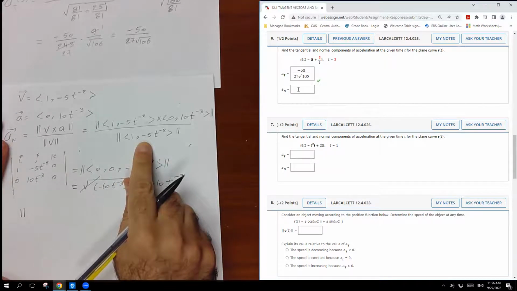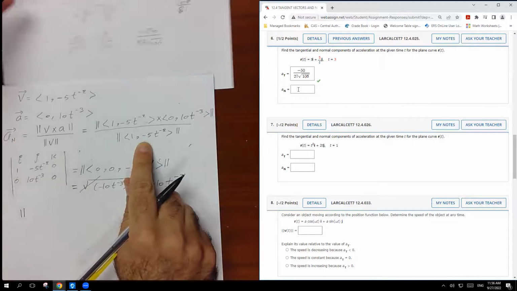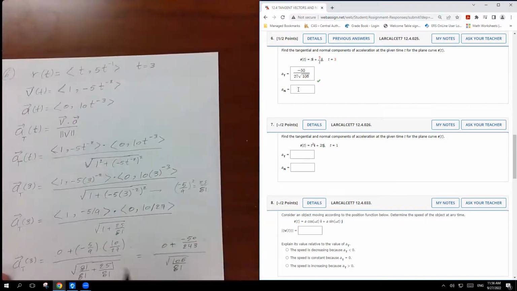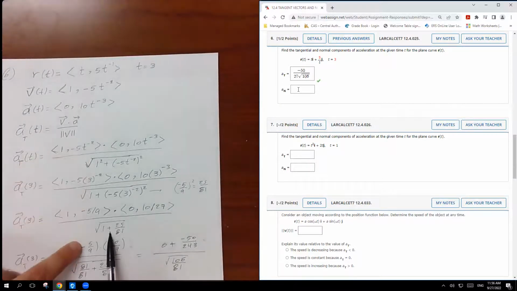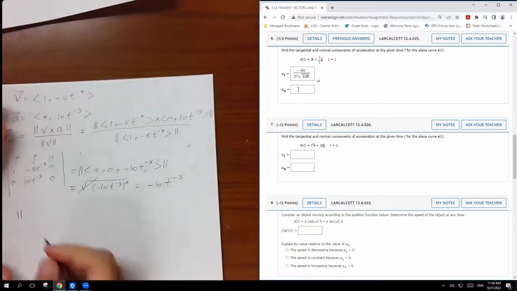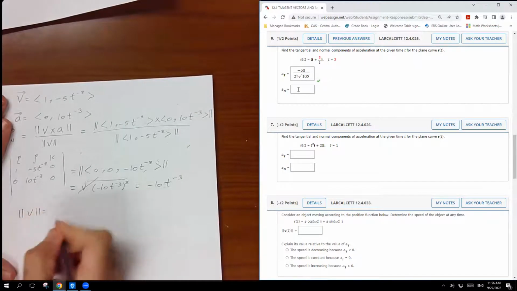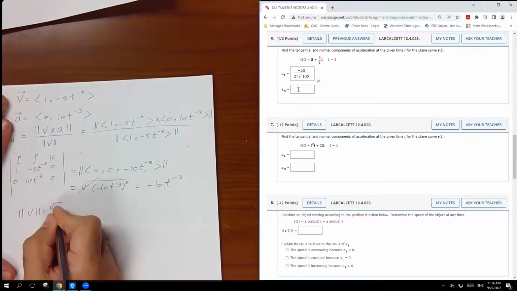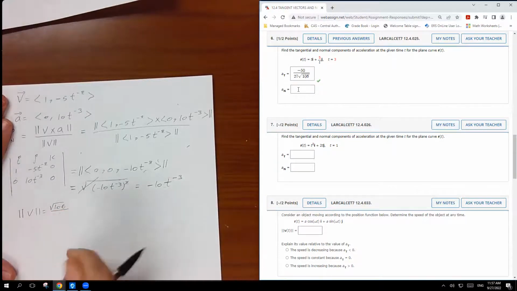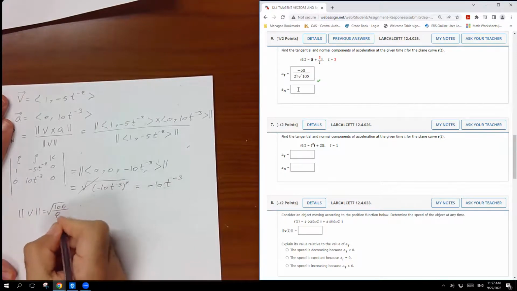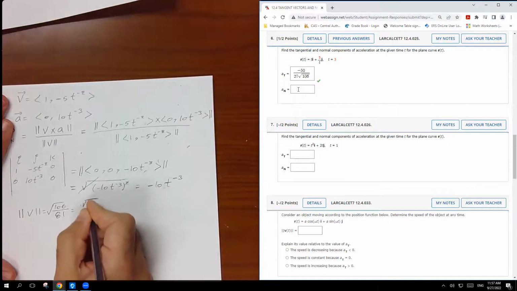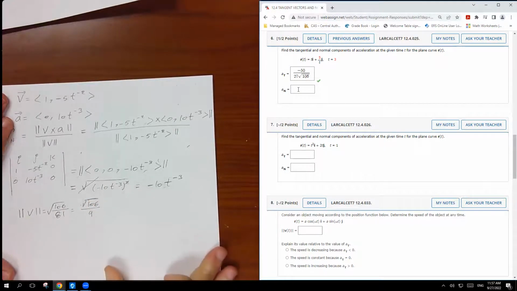The length of V, if you go back to the previous, which is this one, because the length of V, this part, this part, this part, is equal to 106 over 81, which is 9. So the length of V equals square root of 106 over 9. So we already have this one.